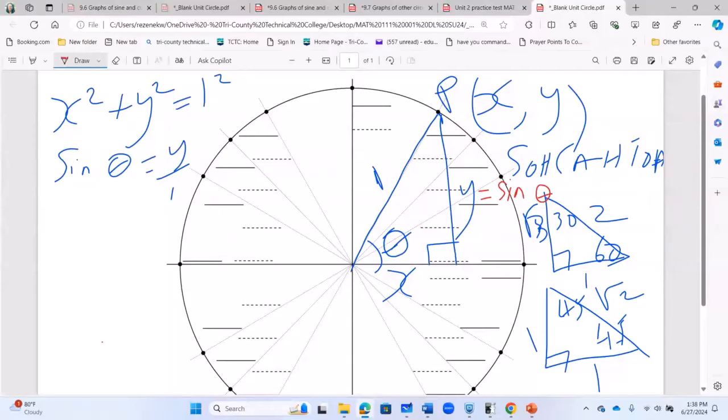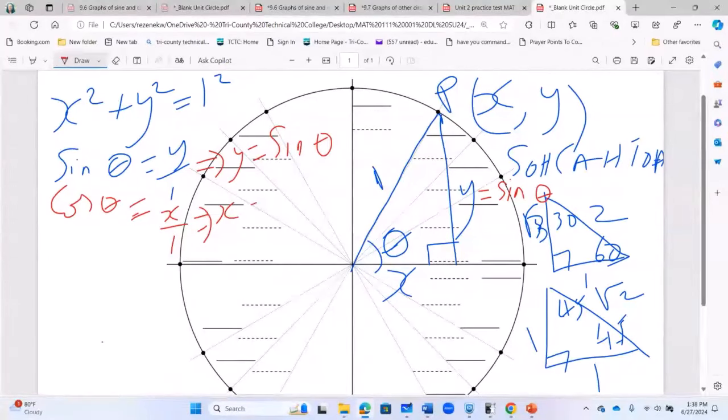Okay, by this triangle again, we want to find cosine theta. Cosine theta is adjacent over hypotenuse, x over 1, which is the reason why we said that y is always sine theta, x is always cosine theta.